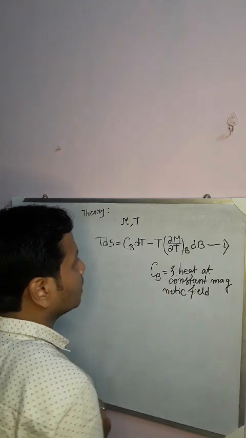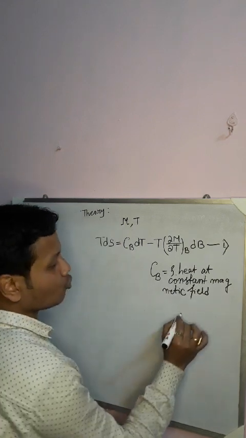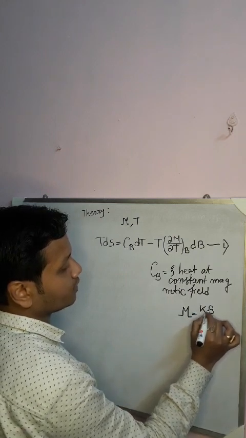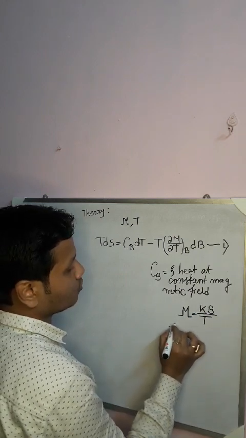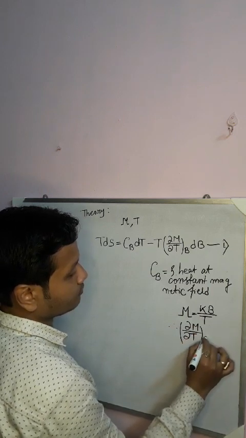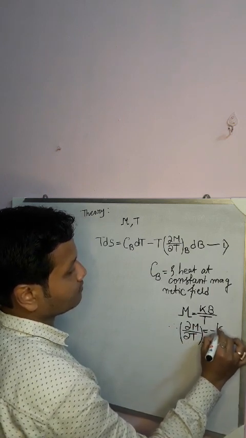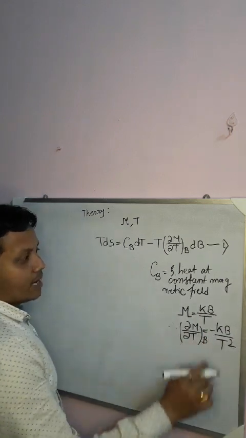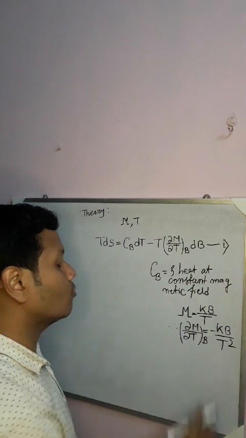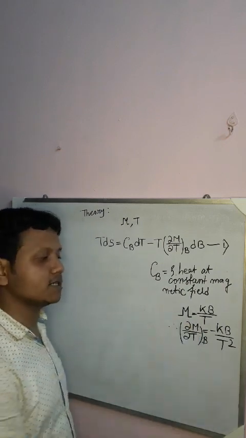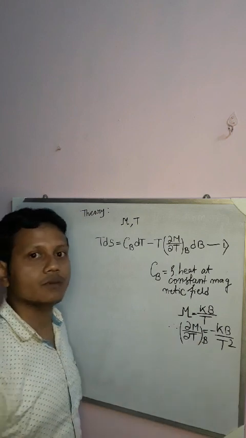Now we all know that a paramagnetic substance obeys Curie's law, that is M equals some constant into B by T. That is, the intensity of magnetization is inversely proportional to the absolute temperature.